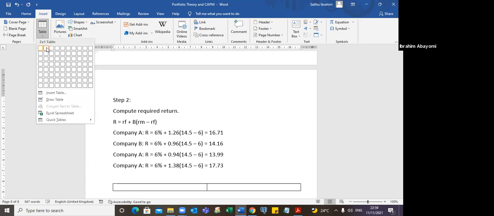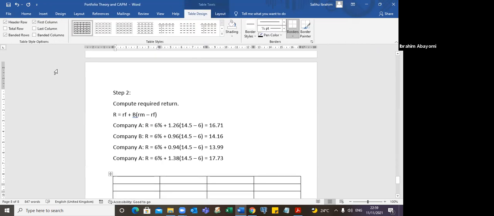To compute my alpha value, I will have company, expected return, required return, alpha value. Now, let me add one more column to this.